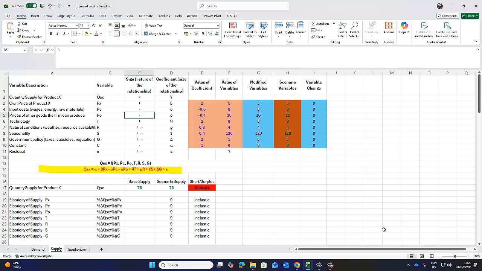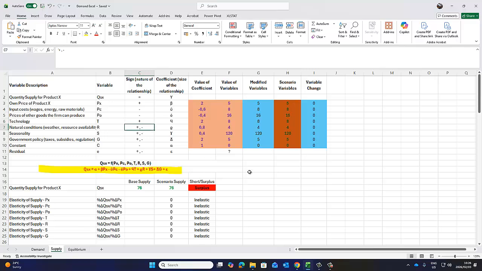Prices of other goods that you produce is negative. So if the demand for the other products you produce increases, you're going to rather produce more of those items, meaning move resources, move operations to that specific product or service and not the one that is not selling. So that is a negative sign or inverse. So these two are inverse. Technology is obviously a positive because it decreases the cost of production.